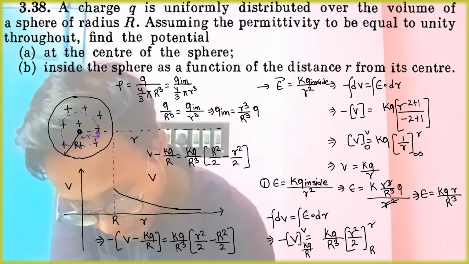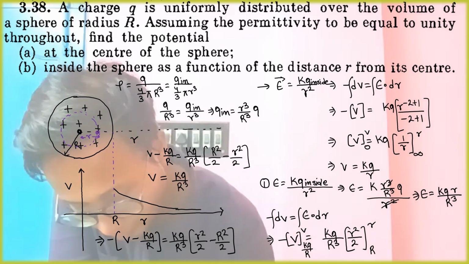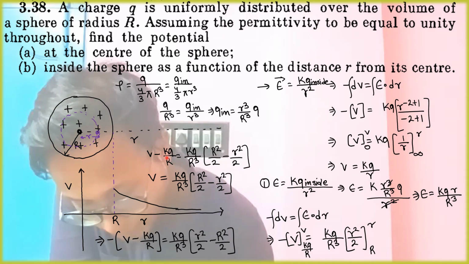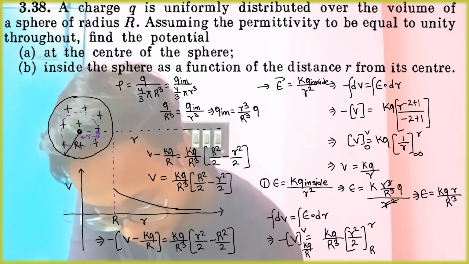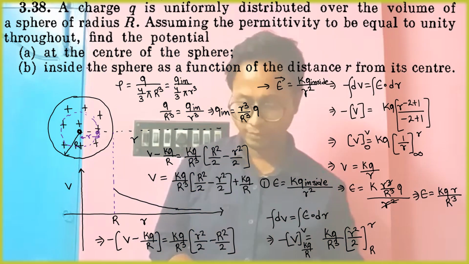Or potential inside the sphere is kQ by R cube into R square by 2 minus small r square by 2. And I have to take this kQ by R to the right hand side. So plus kQ by capital R. This much is understood.